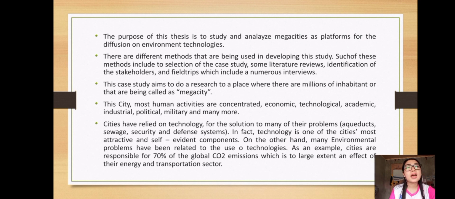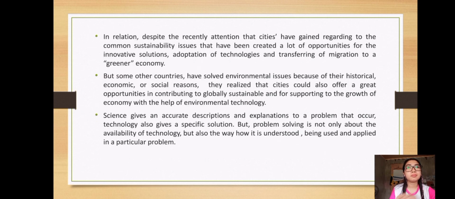But on the other hand, many environmental problems have been related to the use of technologies. An example is that cities are responsible for 70% of the global carbon dioxide emissions, which is to a large extent an effect of their energy and transportation sectors.